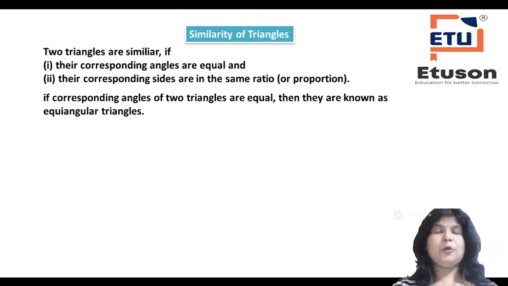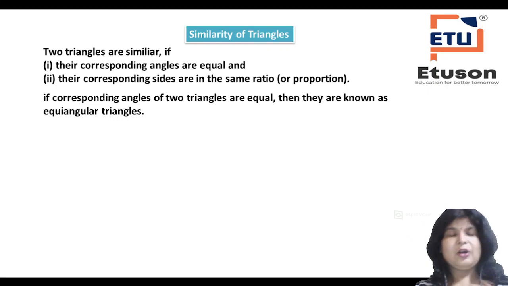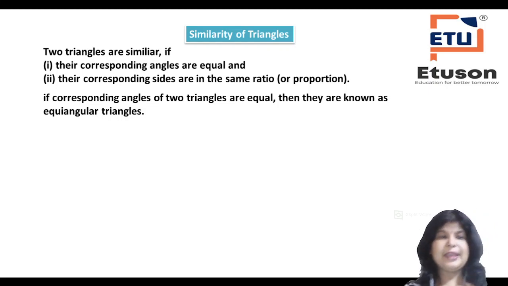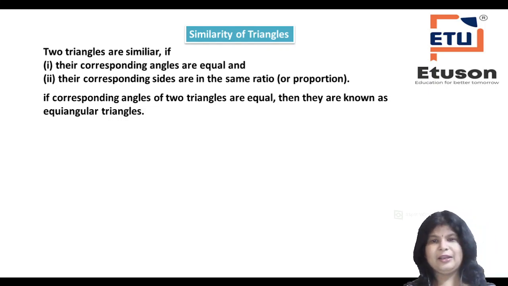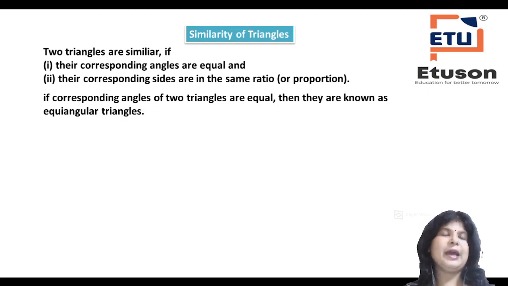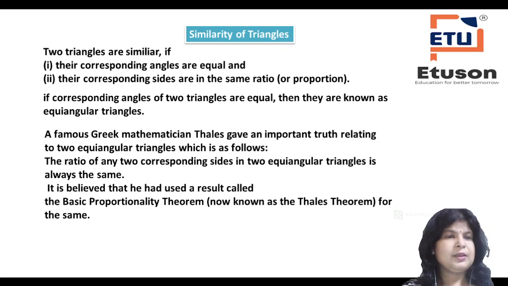That means if all the angles of a triangle are equal to all the corresponding angles of another triangle, then the two triangles are said to be equiangular triangles. Why equiangular? Because all the angles are equal. Correct? Hope you have understood.